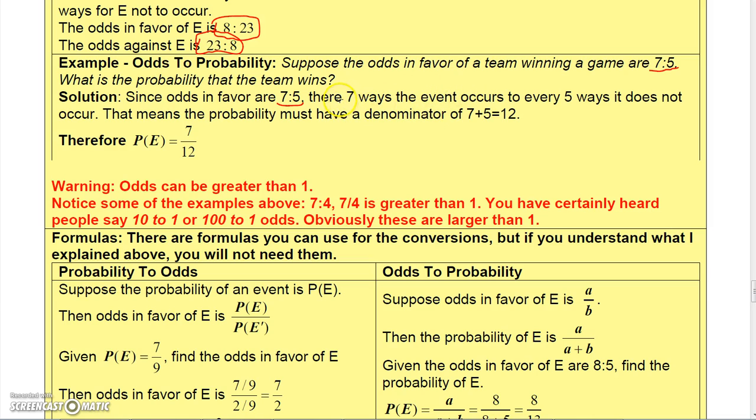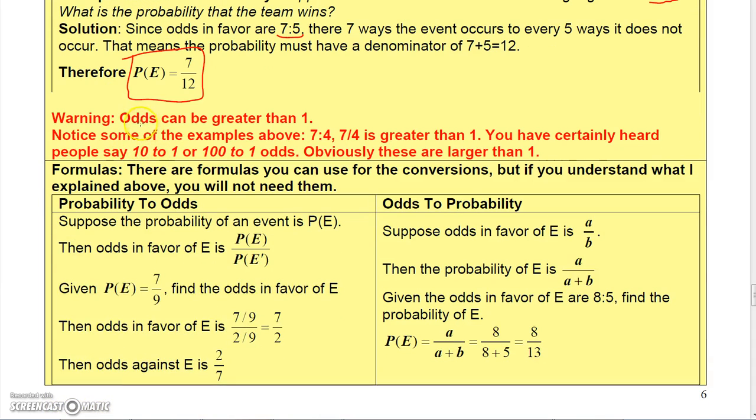So that means there's a total of 12 possibilities, since 7 plus 5 is 12. So the probability would simply be 7 over 7 plus 5, or 7/12. Now remember, odds can be greater than 1. They're not like probabilities. You can have odds that are 10 to 1 or even 100 to 1.